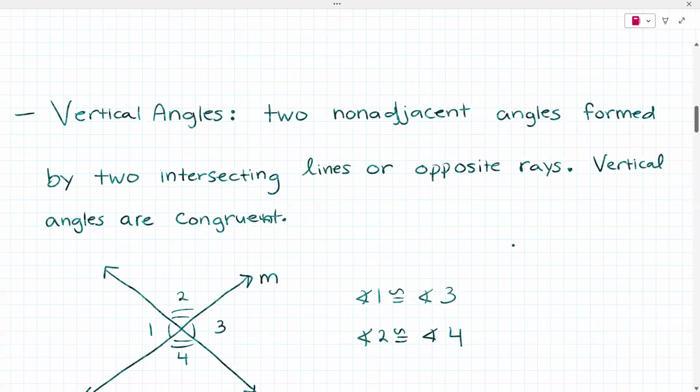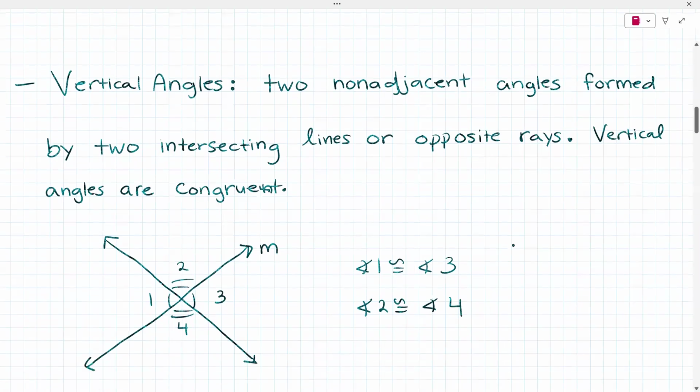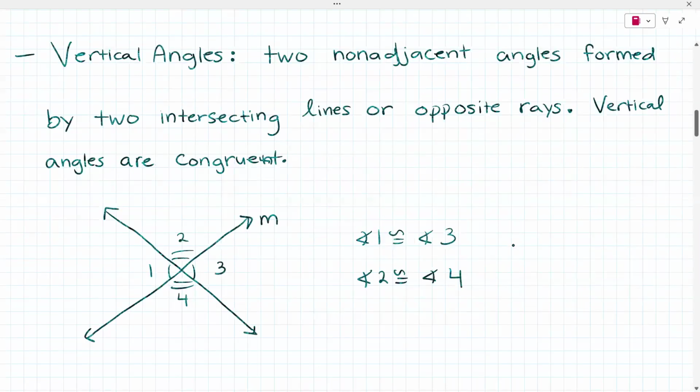The next angle pair we're going to talk about is vertical angles. These are two non-adjacent angles formed by two intersecting lines or opposite rays. Vertical angles are congruent. I like to think of it as that crisscross. Here you have two lines, let's call this line M and this line L. Angle 1 is congruent to angle 3 because they are vertical.